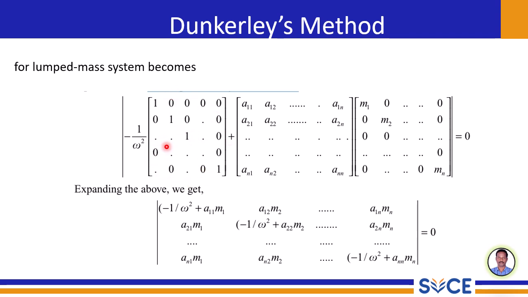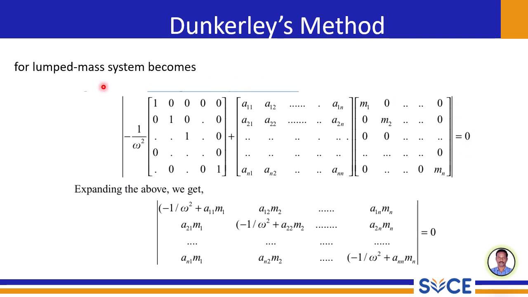Substituting this diagonal mass matrix into our frequency equation, that is, from the previous slide, the determinant of minus 1 by omega square identity matrix plus the flexibility matrix A times the mass matrix equals 0.